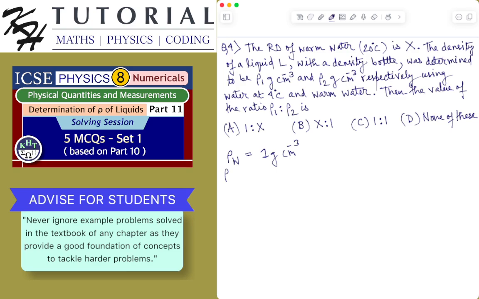And let's say the density of the warm water WW, the relative density of warm water is X, which means that the density of the warm water will be X gram per centimeter cube.